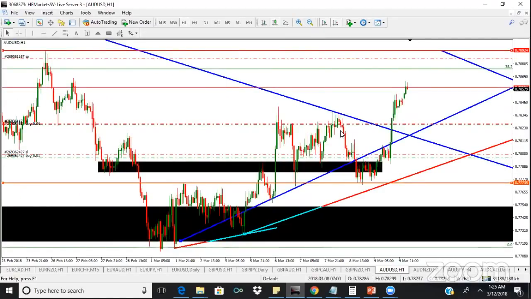However, you can see anytime the trend line is broken, you enter a buy each time. If you enter a buy here, look at that, that's 110 pips each time it's broken. Now the same thing has happened here. It has been broken.